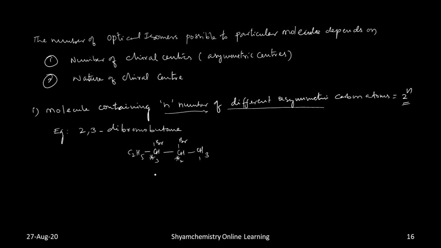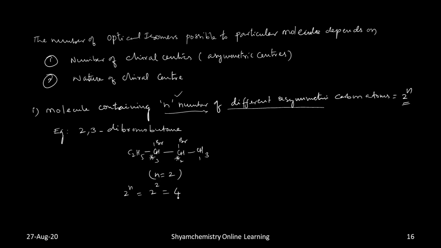Here n equals what? N means number of asymmetric carbons, right? N is equal to 2 here. Then put n value into 2 to the power of n: 2 to the power of 2, then it is 4.